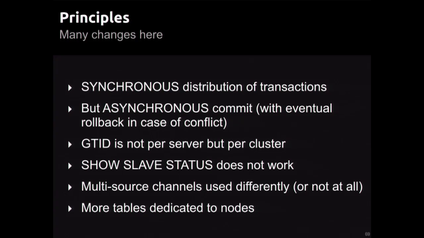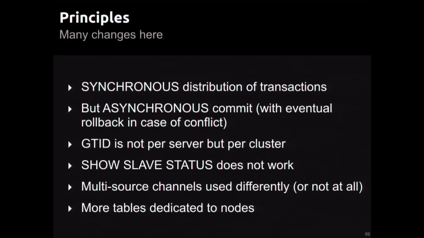It's asynchronous, meaning that one node will complete the transaction before other nodes, and if there is a conflict in one of the nodes, then you will have a rollback. And this also means that if you have a system that is distributed far away, the performance might not be what you expect.